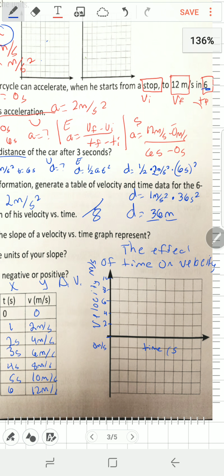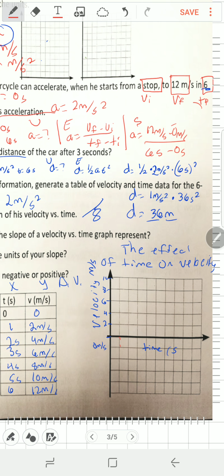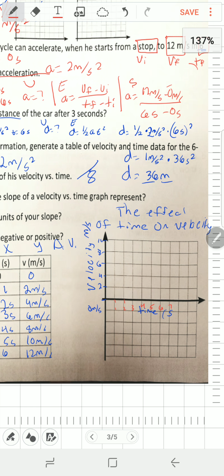And over here it's going to be, let's change our pens up so we can see this. 1, 2, 3, 4, 5, 6, 7. Okay, so let's draw our points. First it's going to be 0, 0, then 1 second at 2 meters per second, then 2 seconds at 4 meters per second, 3 seconds at 6 meters per second, 4 at 8, 5 at 10, and draw a graph.